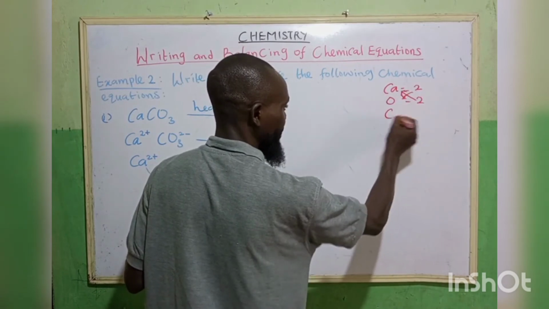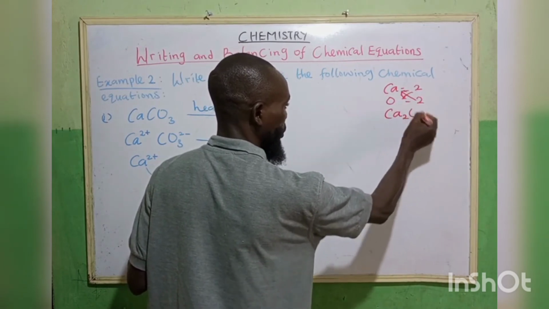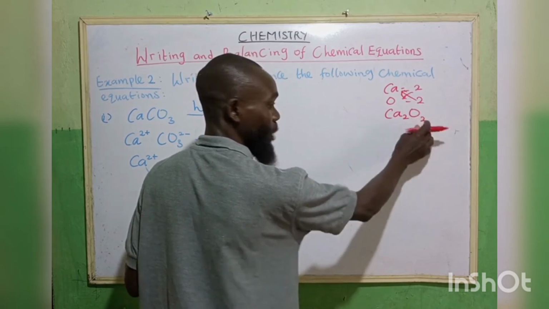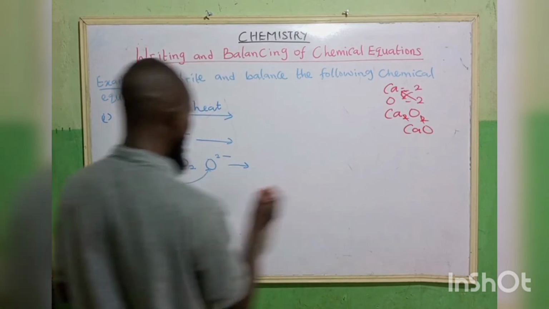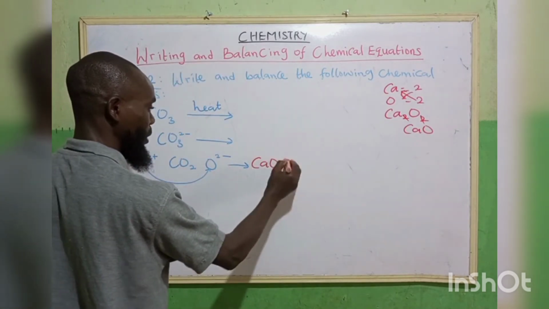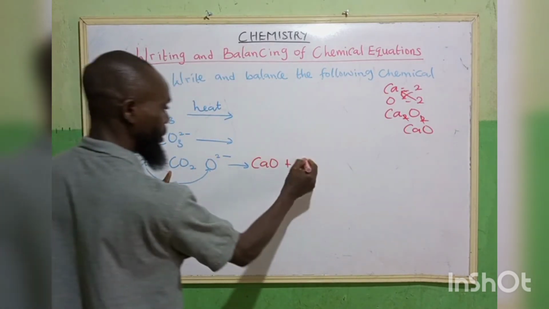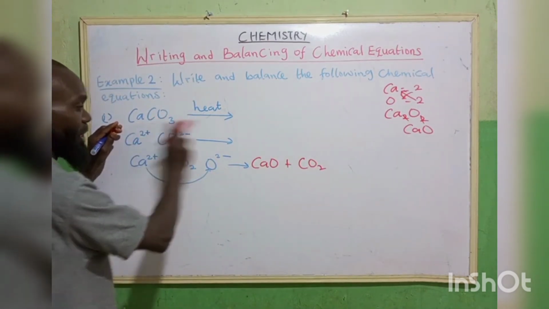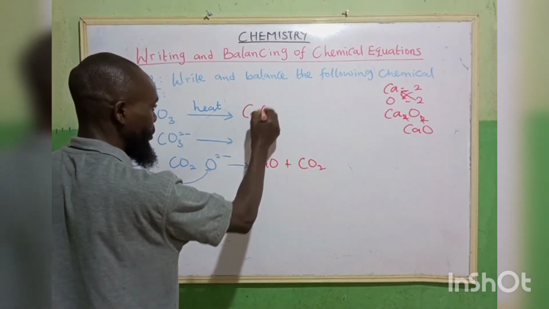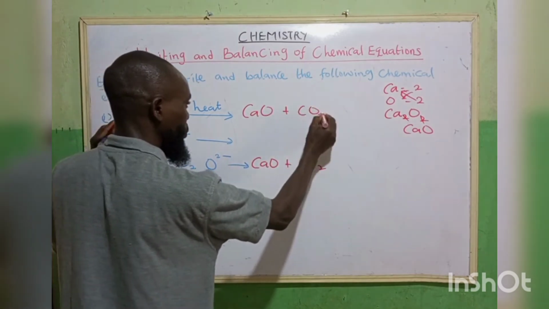So we have Ca2O2. Since the two are the same, they cancel each other. We have CaO. So definitely we have CaO plus carbon(IV) oxide, CO2. So when you heat calcium trioxocarbonate(IV), it's going to give CaO plus CO2.